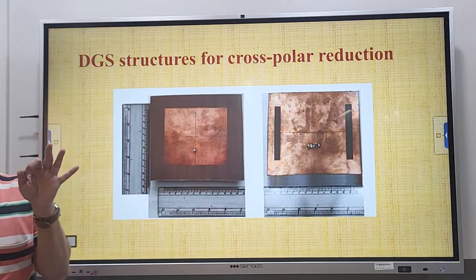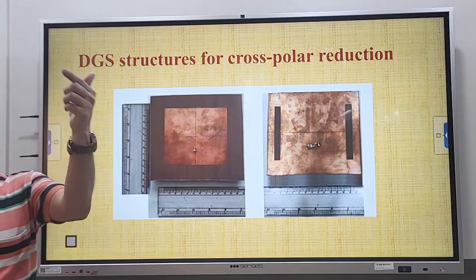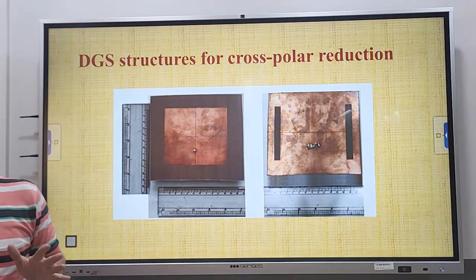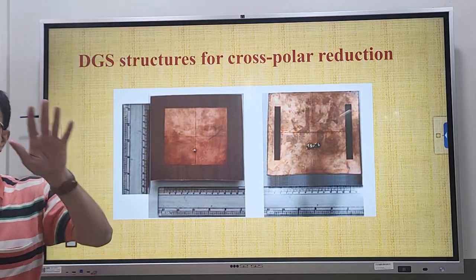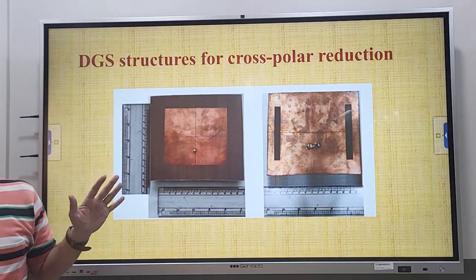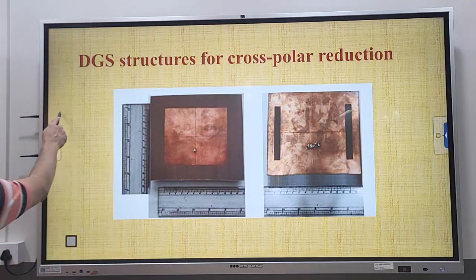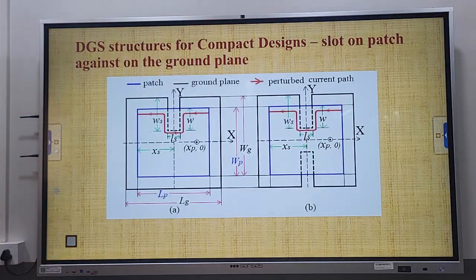Remember, the slot is positioned on the ground plane. It is not affecting your 10 mode, but it is affecting your 02 mode distribution frequency, so that the frequency spacing can be increased, the cross-polar residual contribution is removed and the cross-polar is reduced. Okay, so this is the first thing we do for defected ground plane structure configurations.